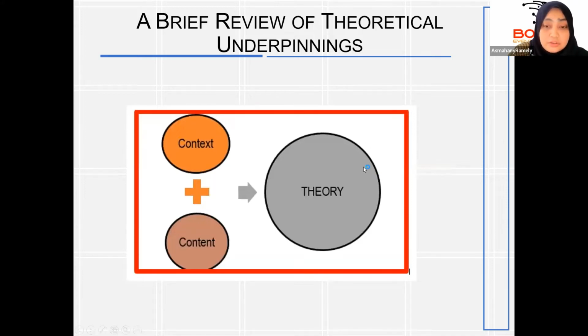Okay, so here we can see theory is actually a concept or a philosophy that can help us with the combination of context and content. Theory can help us to explain or to solve the issues in our context.